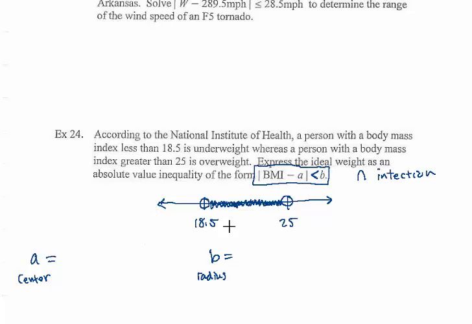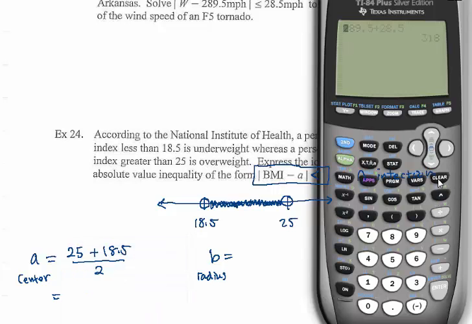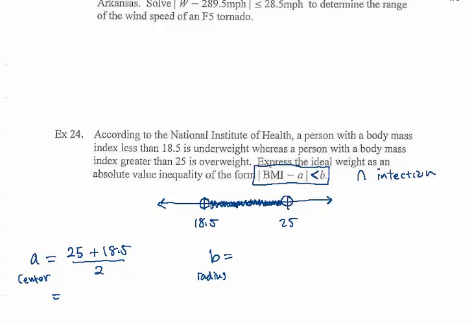Alright, well, our two limits, the far right and the far left, are 25 and 18.5. So what we do is we just simply add these two together and divide by 2 to get our center. Pull up the calculator. 25 plus 18.5, and then divide that by 2, 21.75.